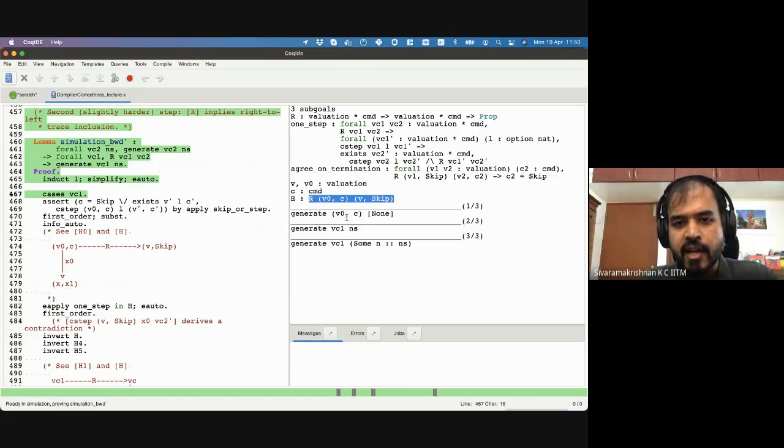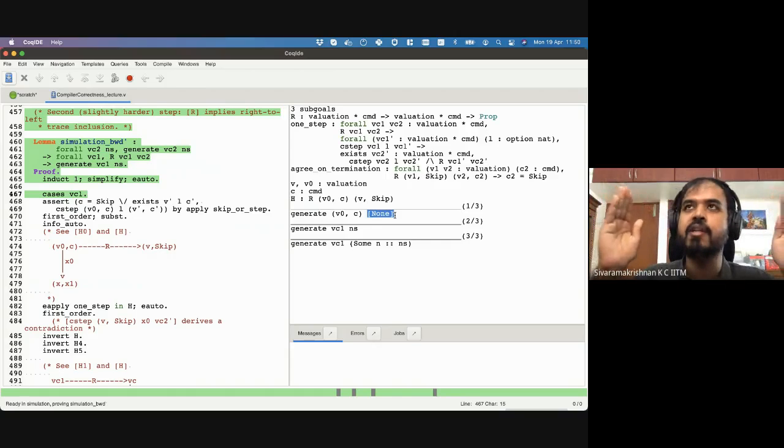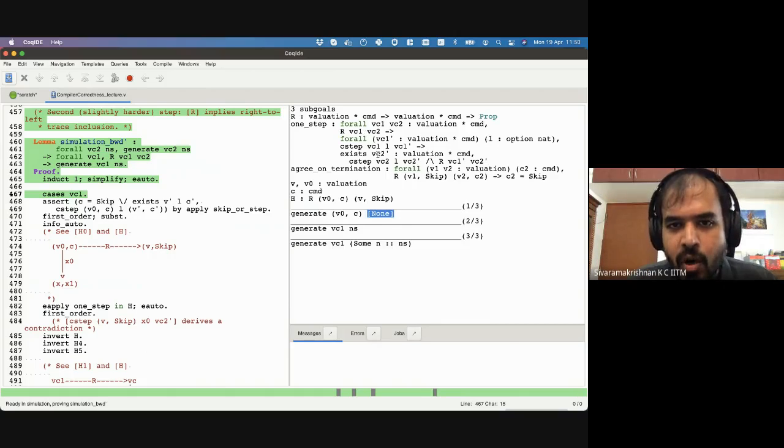I need to show that V0C actually terminates. It's emitting a trace which only has the termination marker. But I have no property that actually says this thing can step, right? So I don't know anything by which I can prove that V0C can take a step.